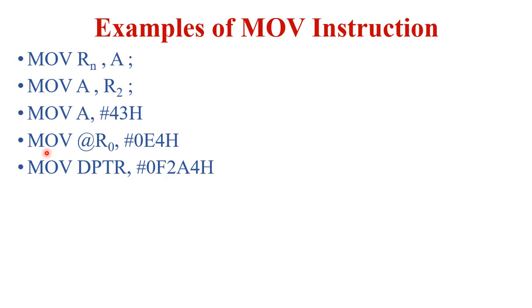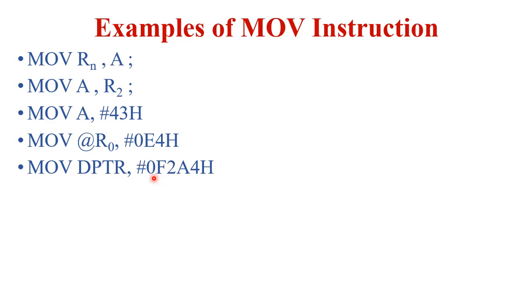Next instruction is MOV @R0, #0E4H. In this instruction, #0E4H is the immediate data. This instruction tells us that this immediate data is moved or copied into a particular memory location whose address is given in the R0 register. Next instruction is MOV DPTR, #0F2A4H.